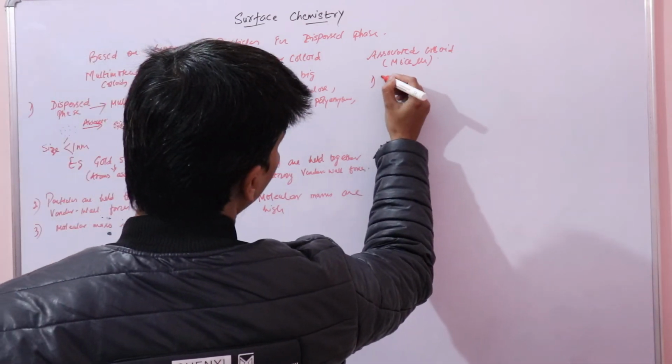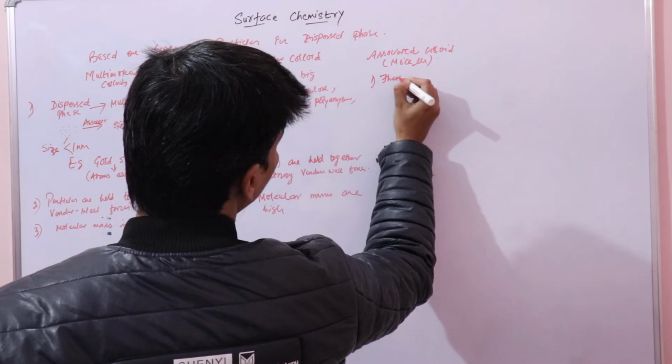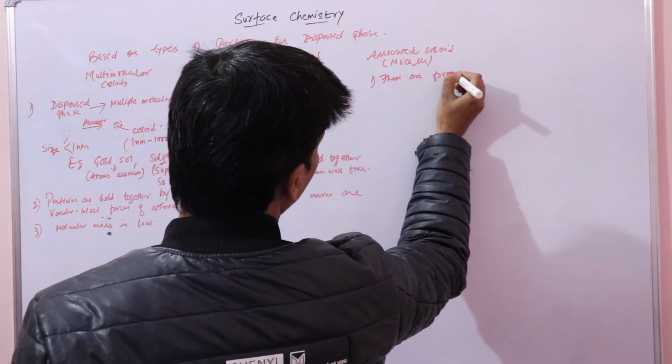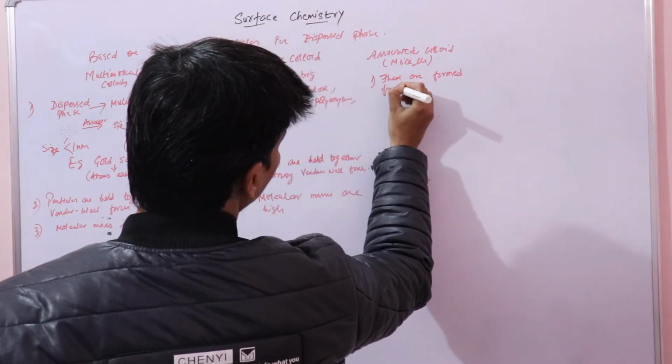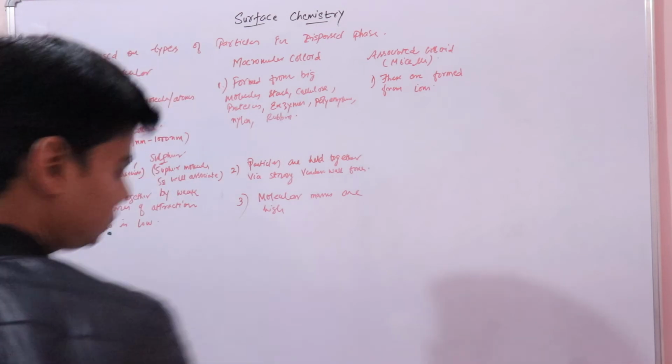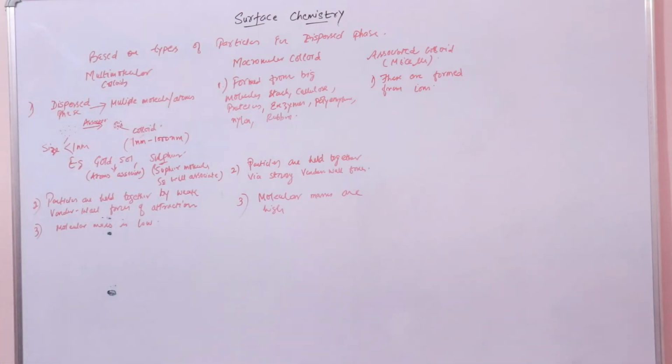These are formed from ions, and we'll look into a little detail of what associated colloids are. We will do a different video lecture in which we will discuss in detail what exactly an associated colloid is and how these are formed.